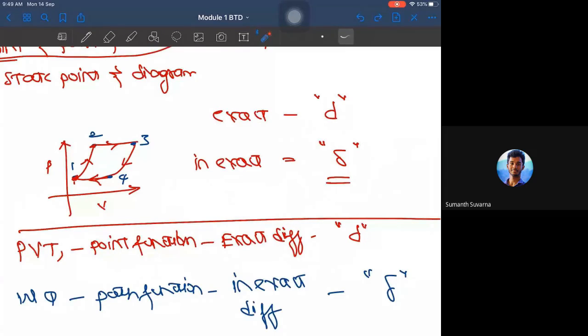Sumant, is volume an exact or inexact differential? It is an exact differential. Why is it called an exact differential? Because it doesn't change. It is an inexact.